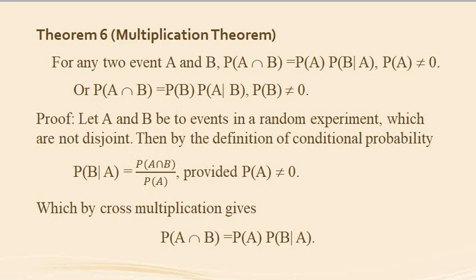The proof follows directly from the definition. P of B given A equal to P of A intersection B by P of A, which is the definition of conditional probability. If you take the P of A to the left hand side, we get P of A intersection B equal to P of A into P of B given A.